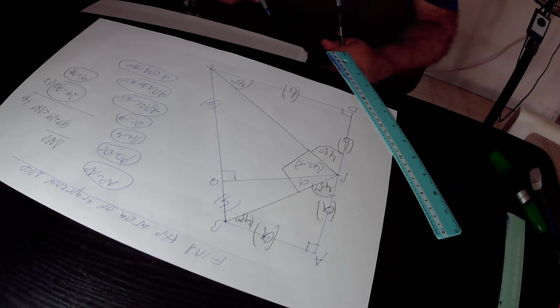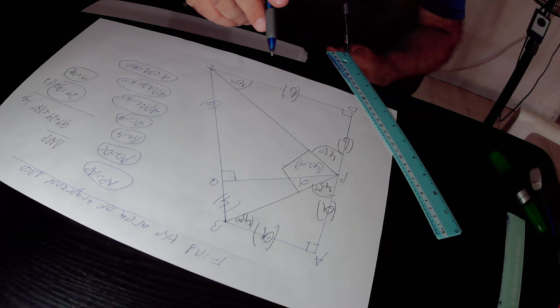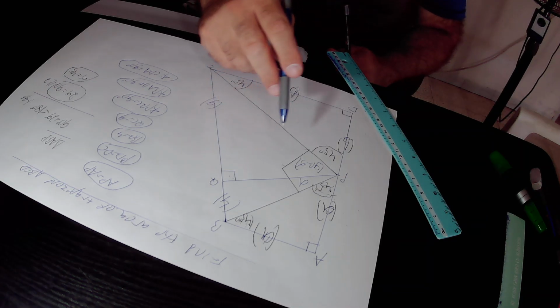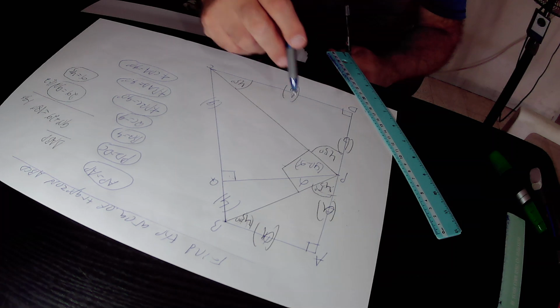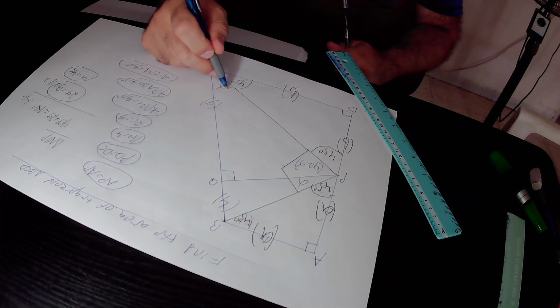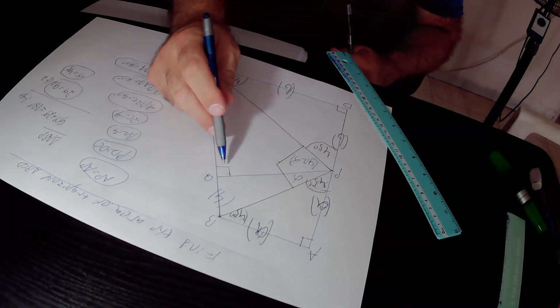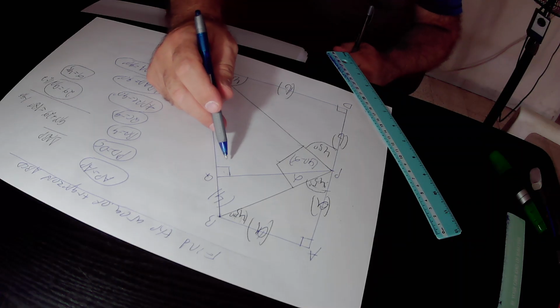So, in the right big triangle PQC, this angle equals 90 degrees, this angle equals 90 degrees minus alpha. Therefore, this third missing angle must be equal to alpha. Why? Because alpha plus 90 degrees minus alpha is 90 degrees, and 90 degrees plus 90 degrees is equal to 180 degrees. That is the sum of the angles in any triangle.